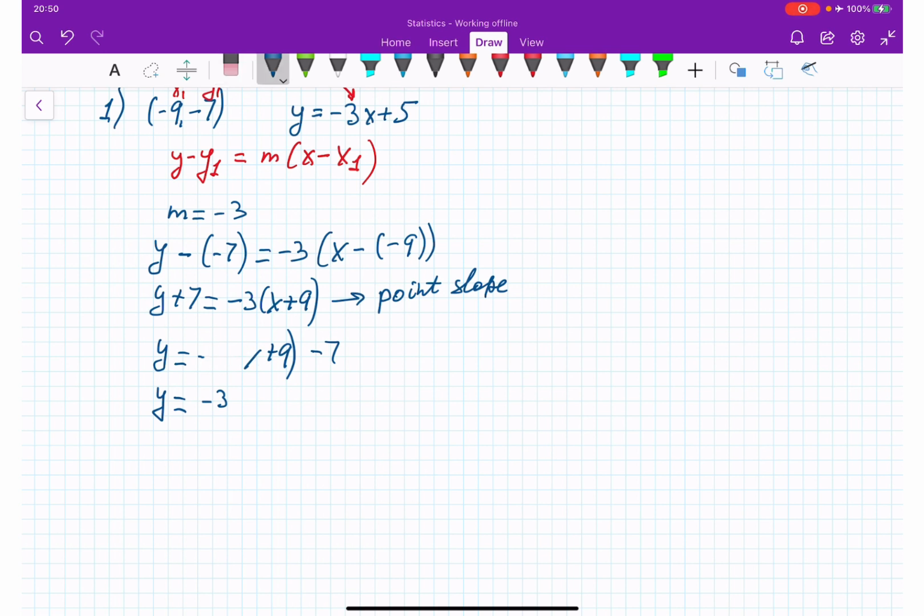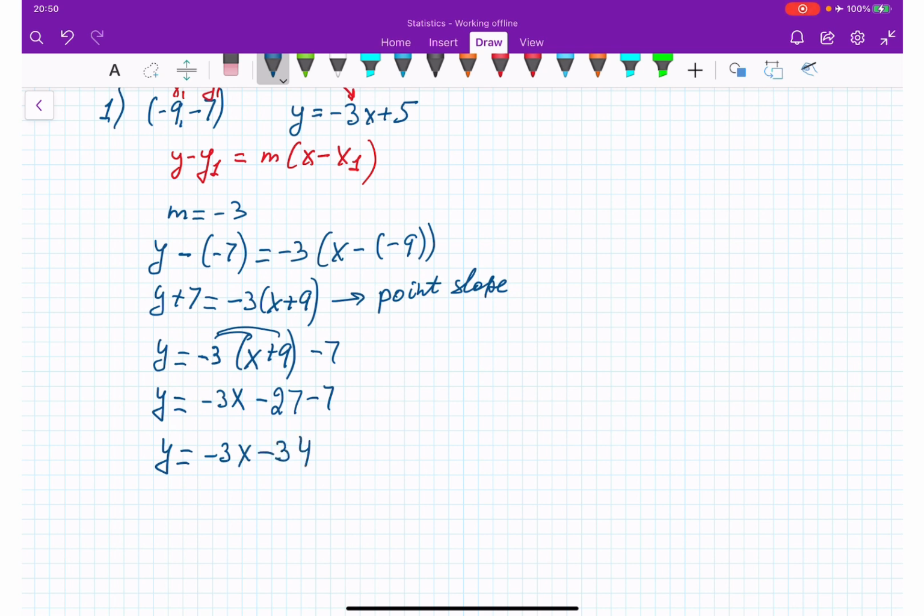Hold on, let me fix it. So it's going to be -3x, I'm distributing, minus 27 minus 7. Okay, which means y is equal to -3x minus 34.